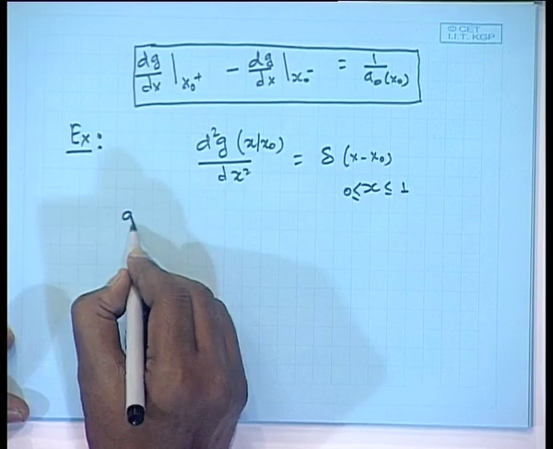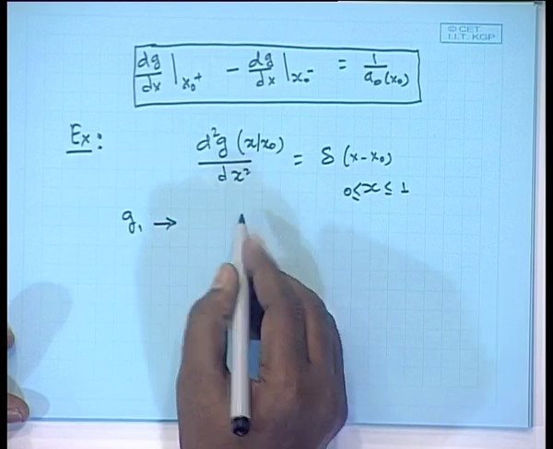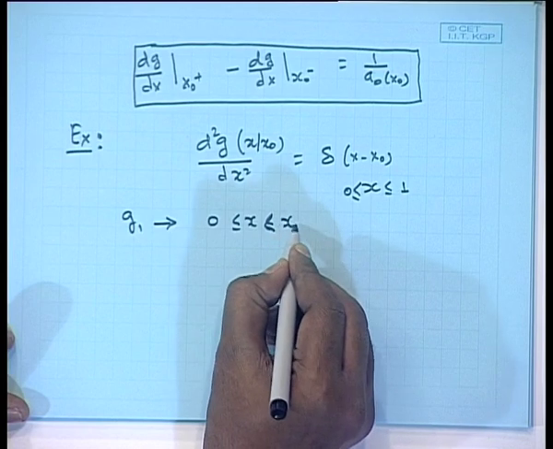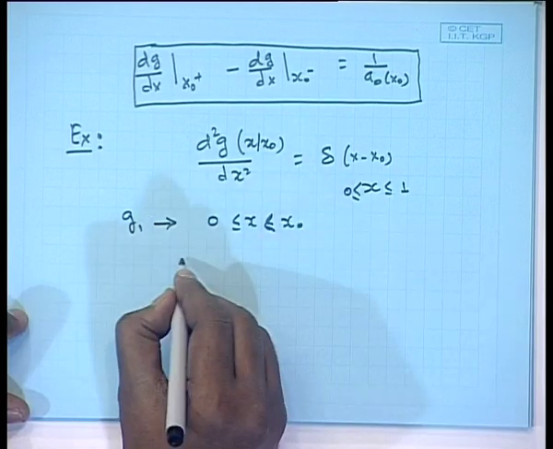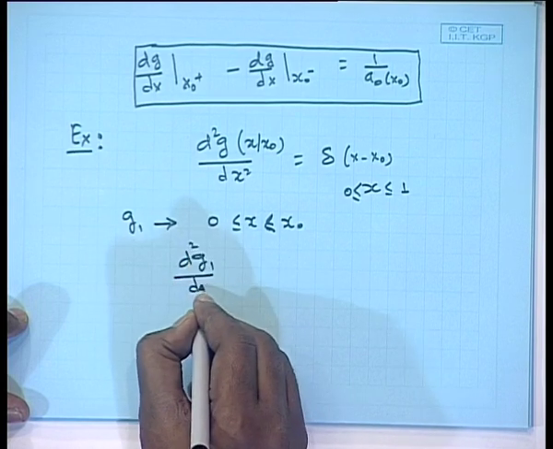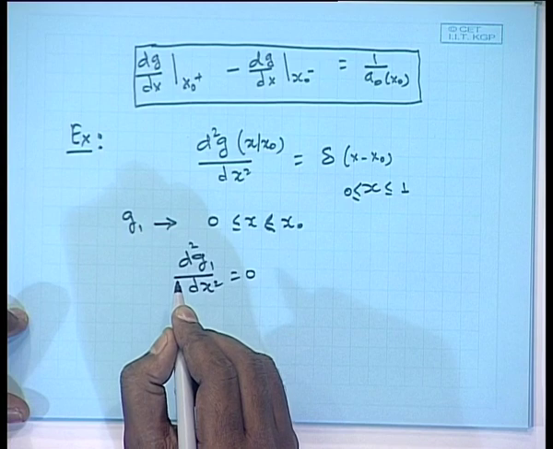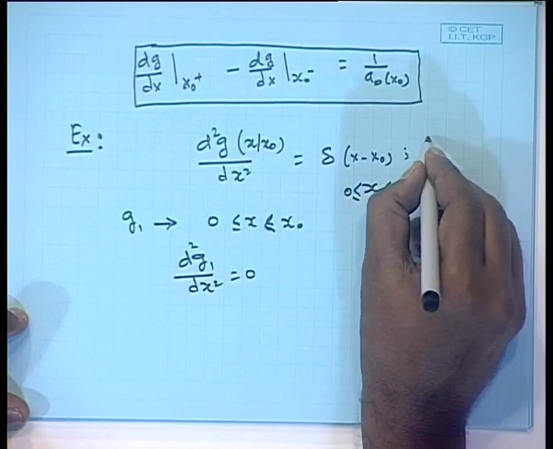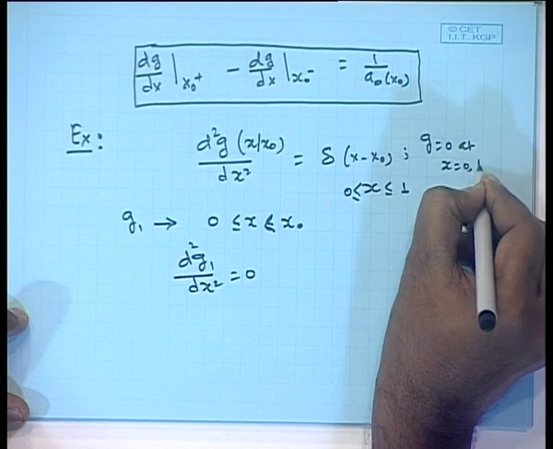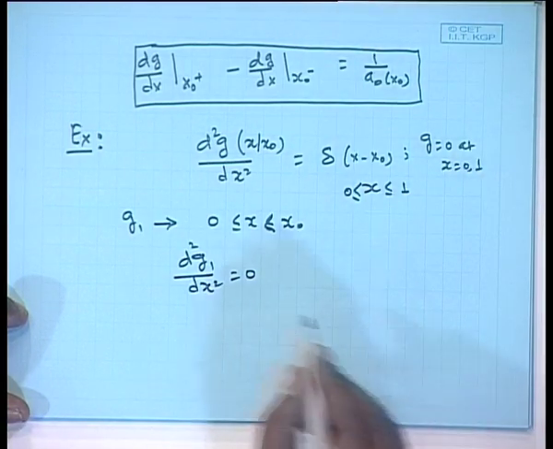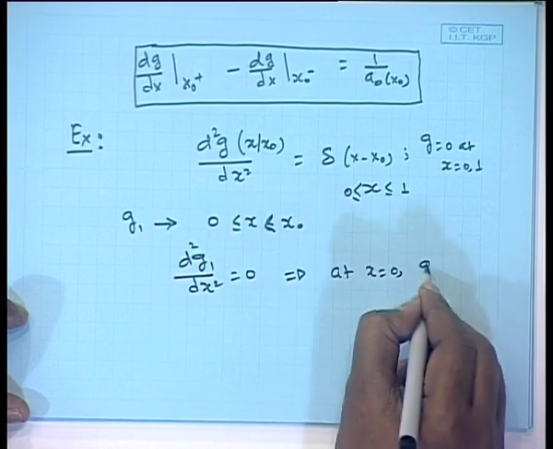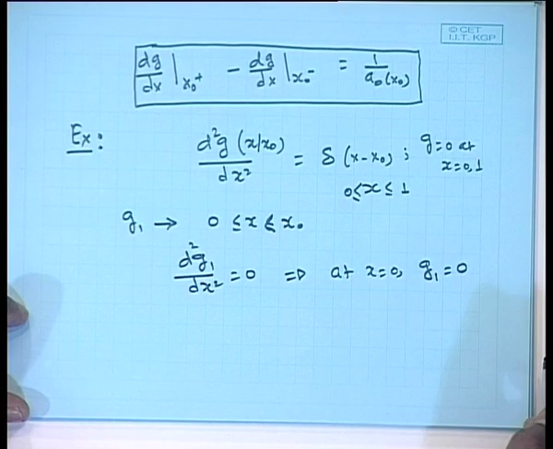Now, let us call the solution G1 for the domain between 0 and x naught, and the governing equation will be d square g1 dx square is equal to 0. Let us say your original problem was having g equal to 0 at x equal to 0 and also at x equal to 1. So, you know one condition of g1, that means at x equal to 0, g1 equal to 0.